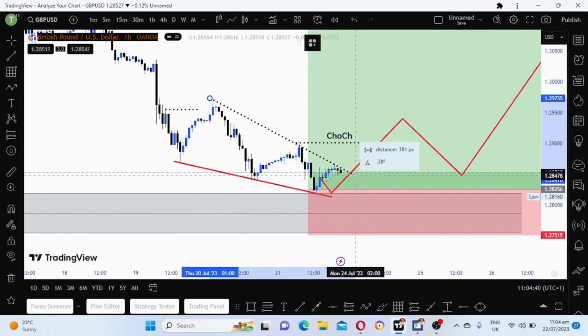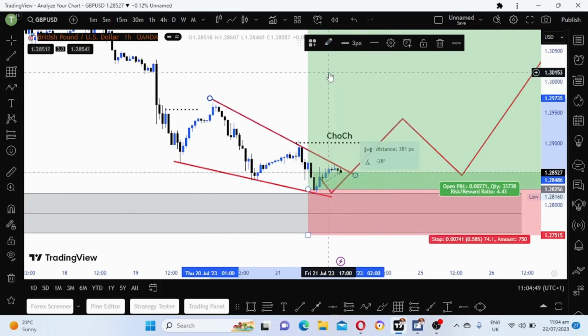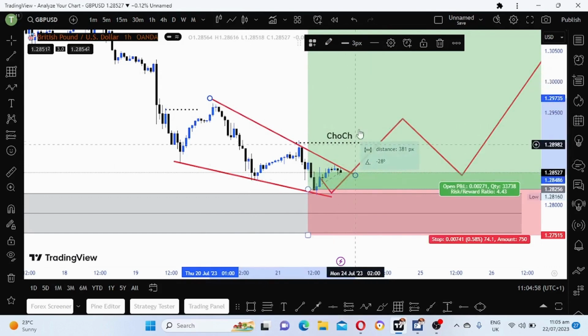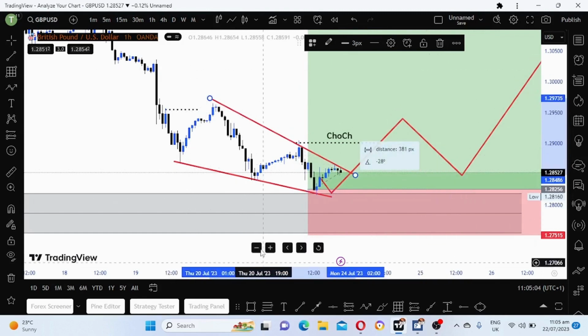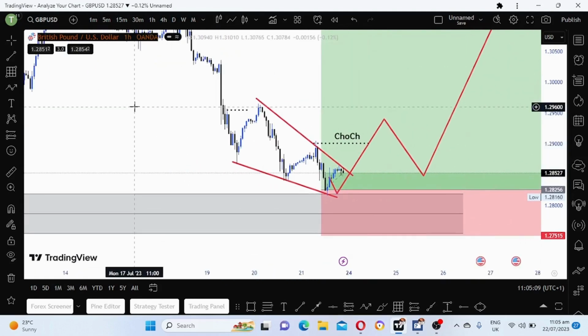As you can see, we are in a descending channel. Once we break out, we wait for a retest, and then we enter our second buy here, as you can see, guys. This one is quite clear also on GBPUSD. So that is my view on GBPUSD, guys.